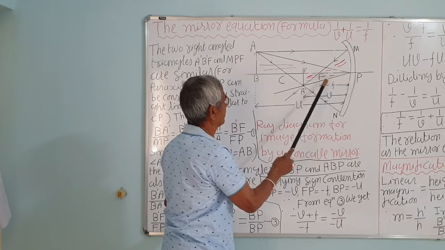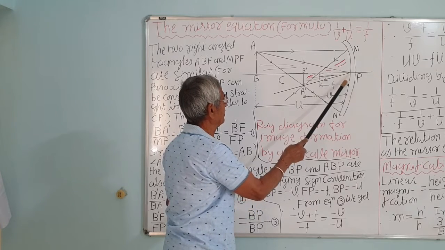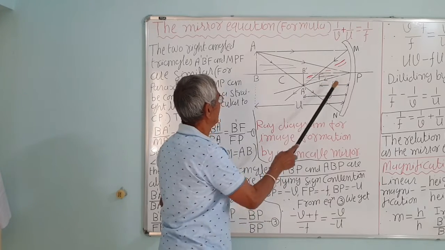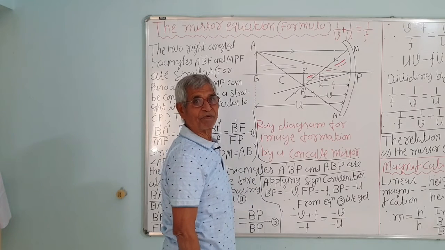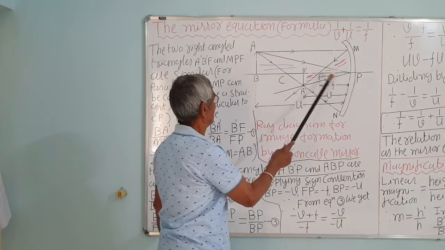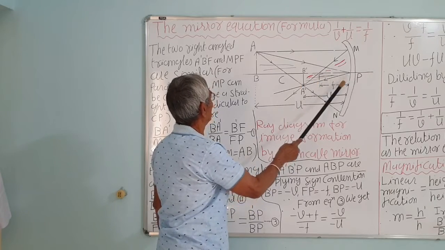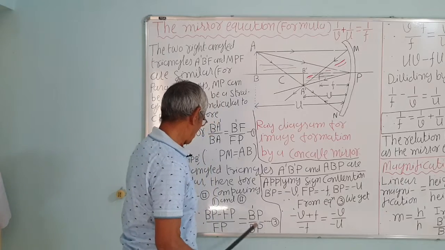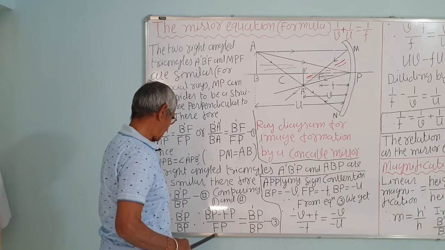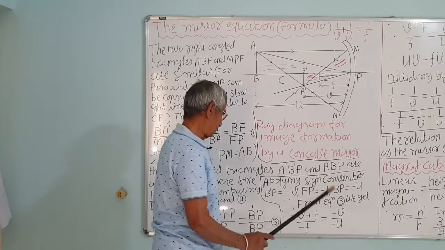Whether you write FP or PF, distance is measured from P, so you can write PF also for your convenience. So F is negative. U is always negative, whether it is a lens or mirror, concave lens, concave mirror, or convex mirror. So F is negative, V is negative, and U is negative. All three are negative here, so the signs will change: minus V, FP minus, so minus minus is plus, and B'P is minus V upon minus U, so this will be plus.